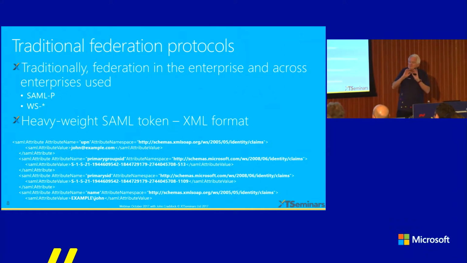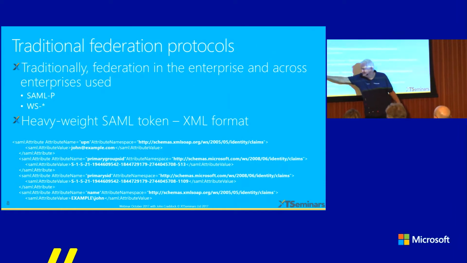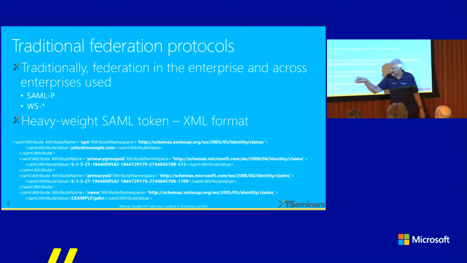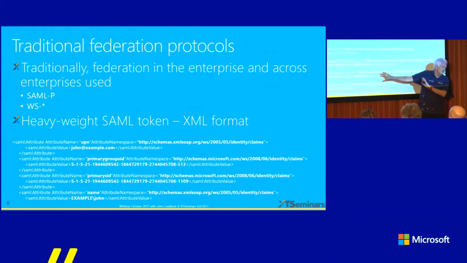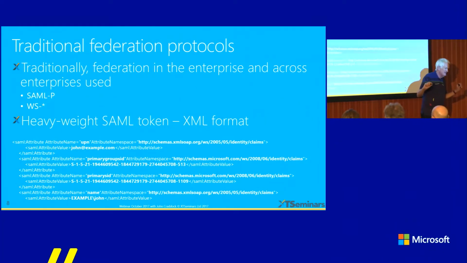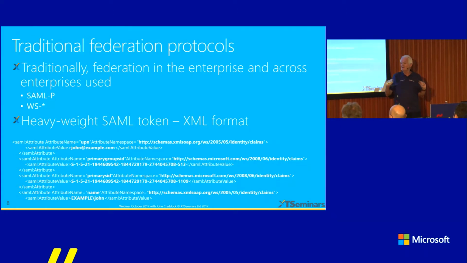And that token is beautifully described. I mean, you can look at this and you can say, primary SID. It comes out of this namespace, so you can look it up, and there's the SID value, all beautifully described. However, because it's pretty heavyweight, it's quite difficult to parse, it's quite difficult to validate, and it's quite difficult to transmit, because it can get very, very big.